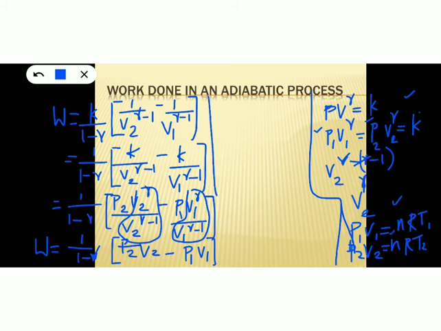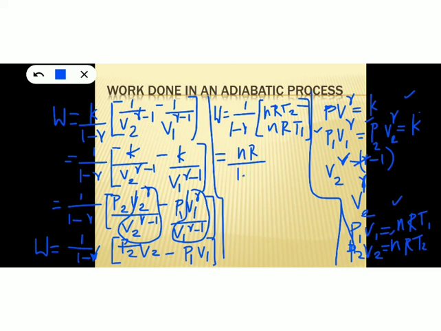So you will get work done W equal to 1 by 1 minus gamma into P2 V2 is nRT2 minus P1 V1 is nRT1, equal to, nR is a common factor, so take it outside, nR by 1 minus gamma into T2 minus T1. So this is the total work done in an adiabatic process. Total work done is nR by 1 minus gamma into T2 minus T1.